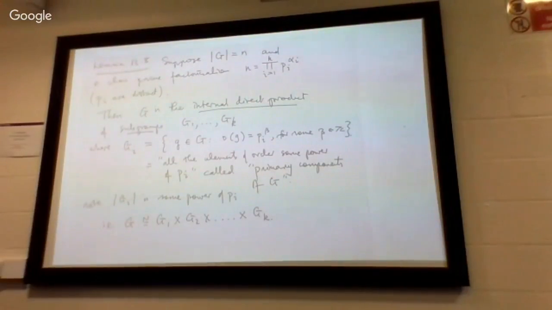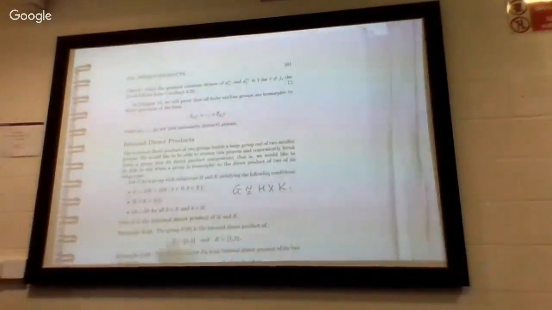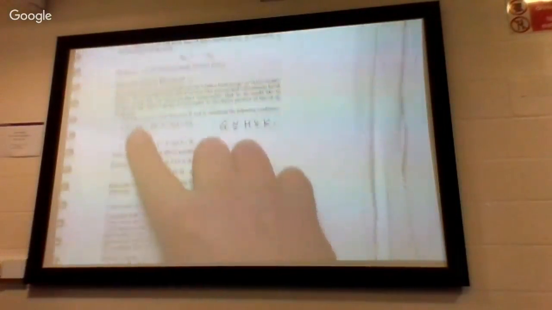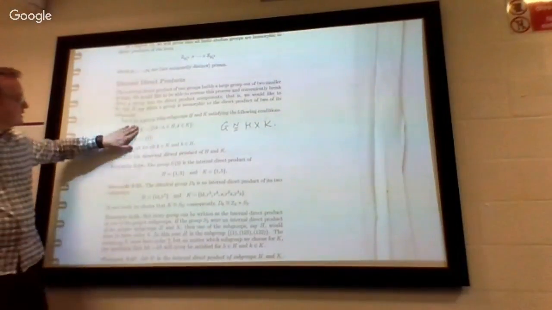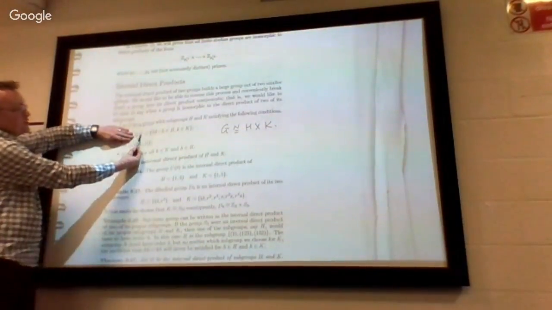What restriction have we lost? Because in the previous chapter, it was G is equal to, and that's isomorphic. Yeah, G is equal to, so this is an equal sign. So this is just the definition of a setwise product.